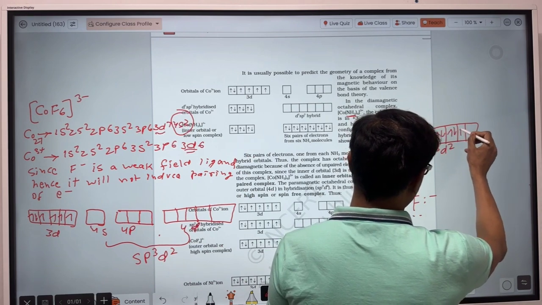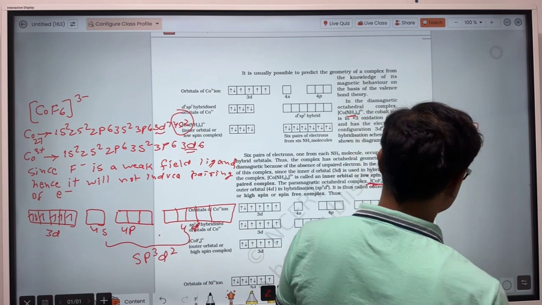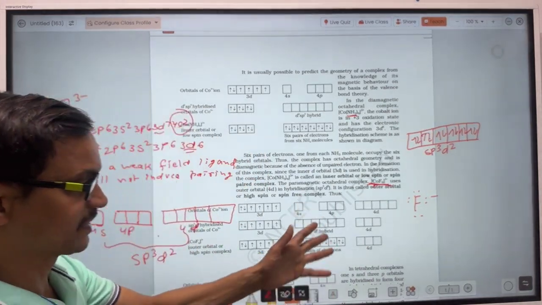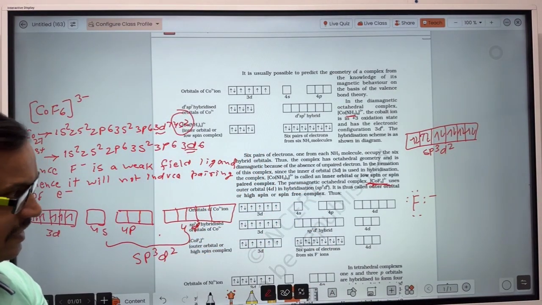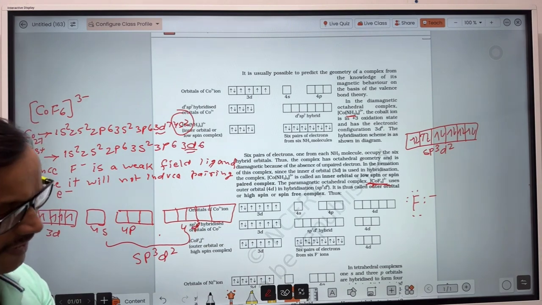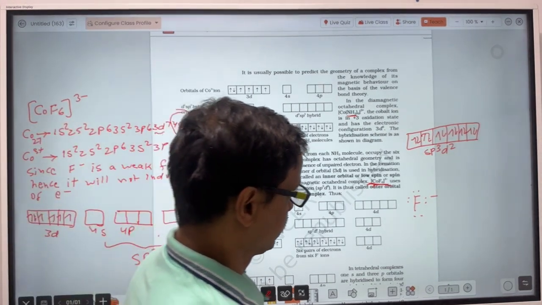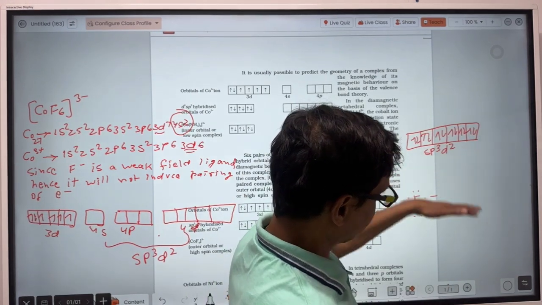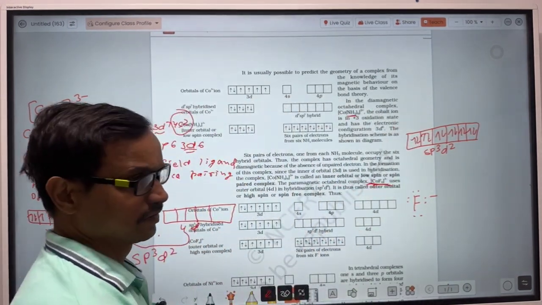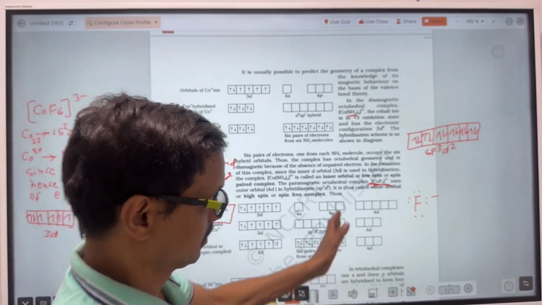So in these 6 sp3d2 hybridized orbital, the fluoride ion will donate their lone pair of electron, a pair of electron, and will be bonded with covalent bonding.